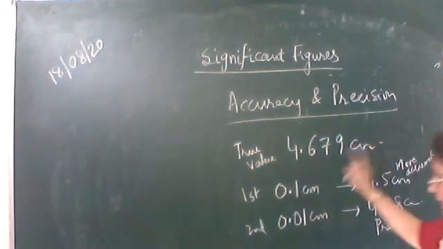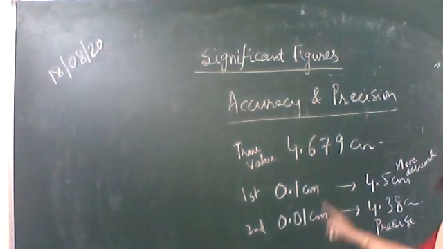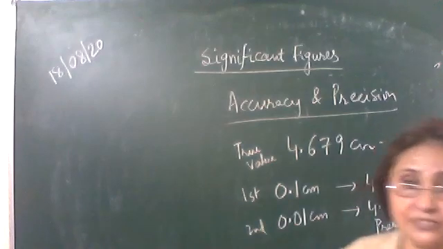So accuracy means how close it is to the true value, and precision means with what instrument it is measured.